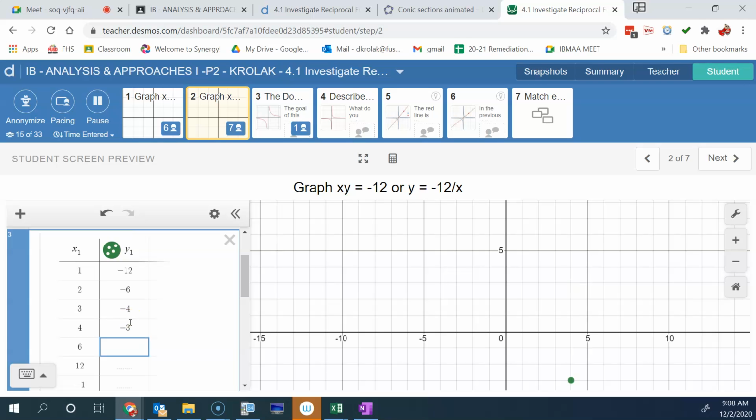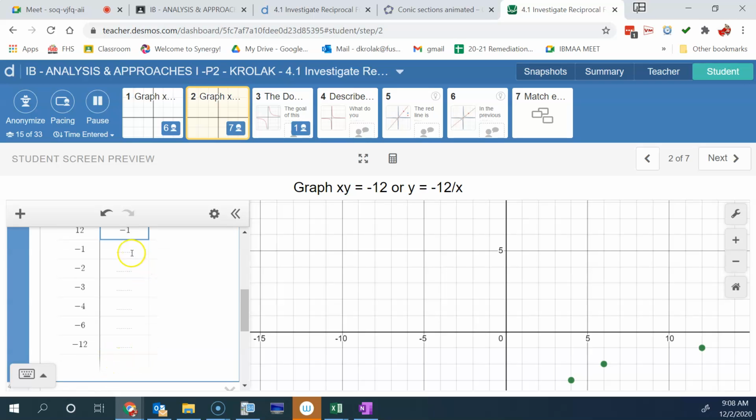So fill those in, -3, -2, 1, and then switch them, 12, 6. Don't pack up yet. You got to fill these. Did you fill this in already? Just now. 3.